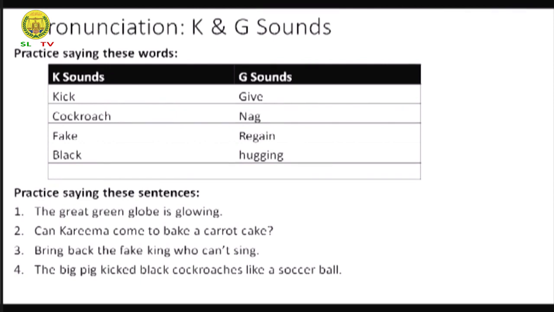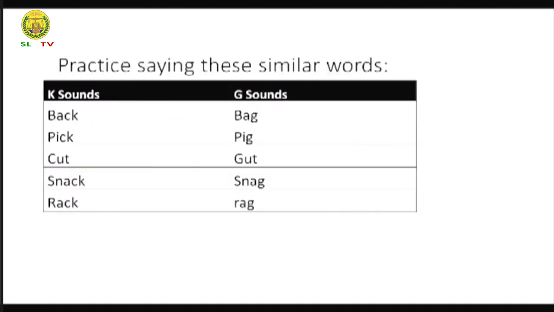Okay, let's move to the next practice. Practice saying these sentences. The great green globe is glowing. So here is a repetition of words. You can practice it. Practice saying these similar words. So back, pack. There is a similar sound. Pick and pick.